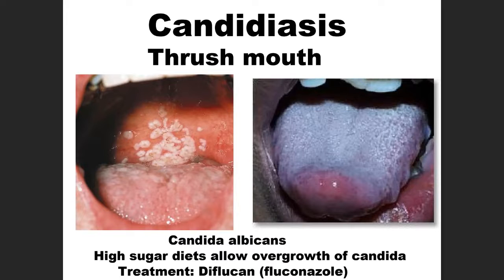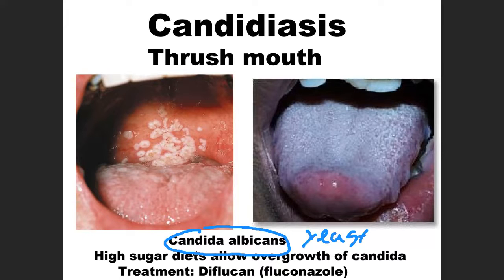Candidiasis is caused by Candida albicans. Does anybody remember what type of fungus Candida albicans is? It's a yeast. It's not a mold, it's a yeast. Okay. And one of the things that it can cause is oral thrush.